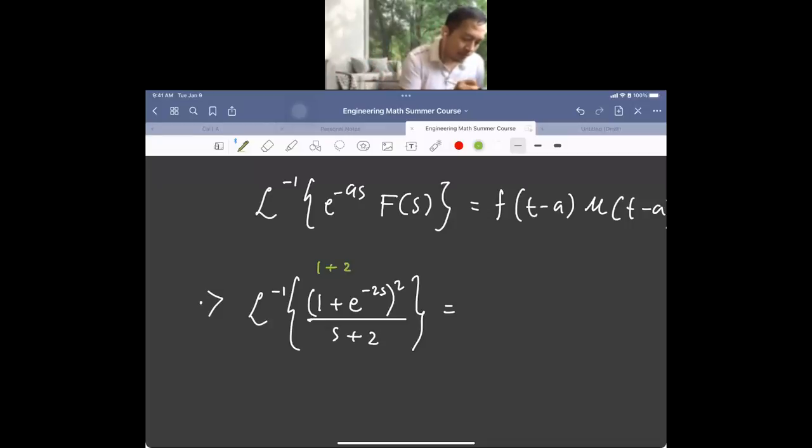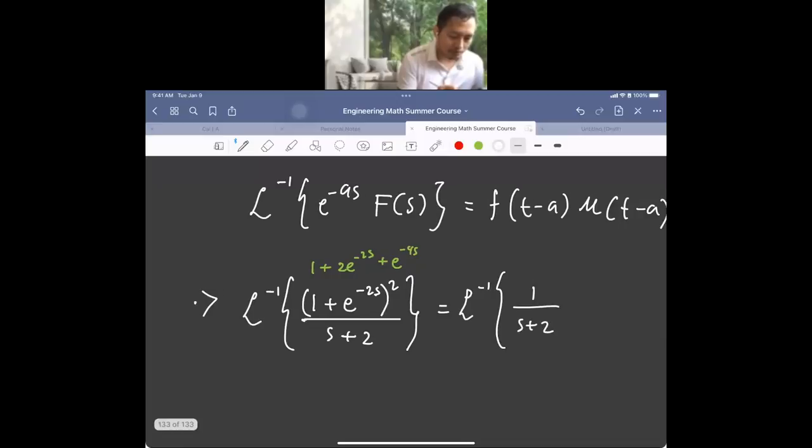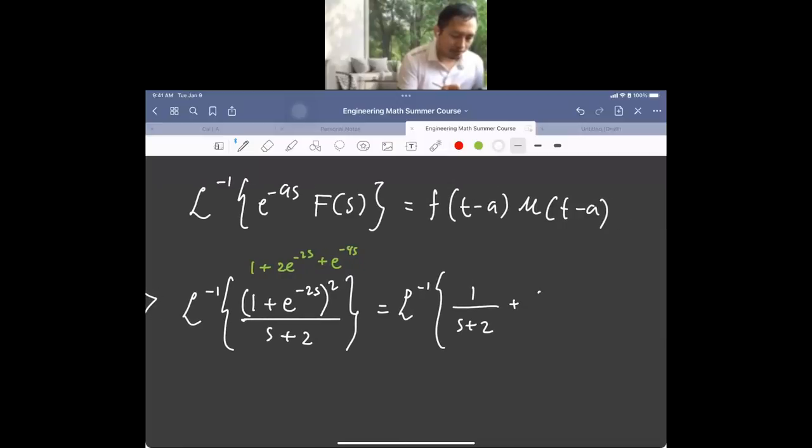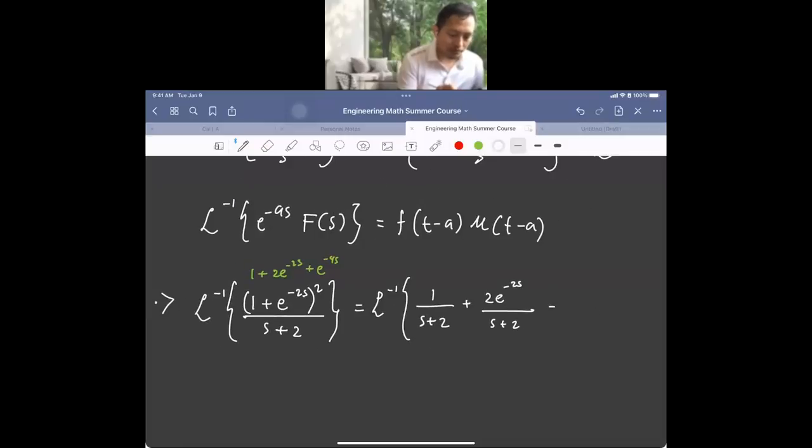So this is 1 plus 2e to the negative 2s plus e to the negative 4s. So let me write the Laplace inverse of 1 over s plus 2, plus 2e to the negative 2s over s plus 2, plus e to the negative 4s over s plus 2.